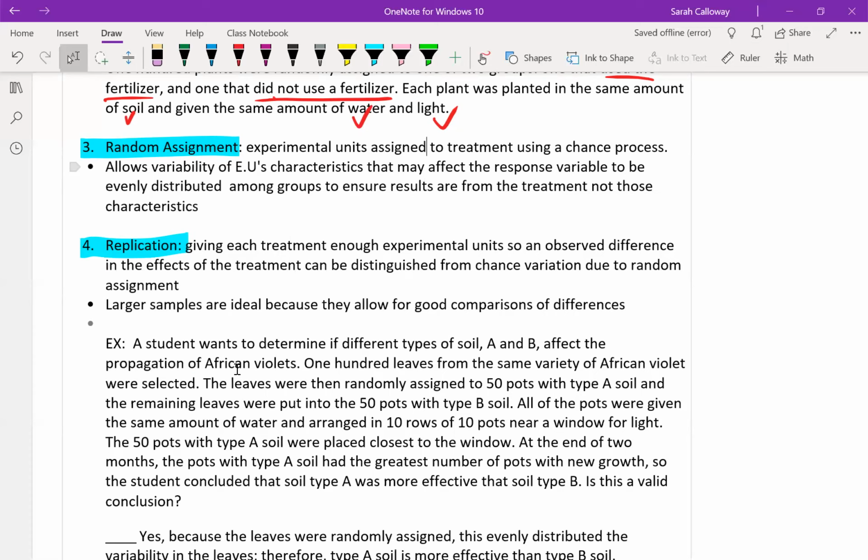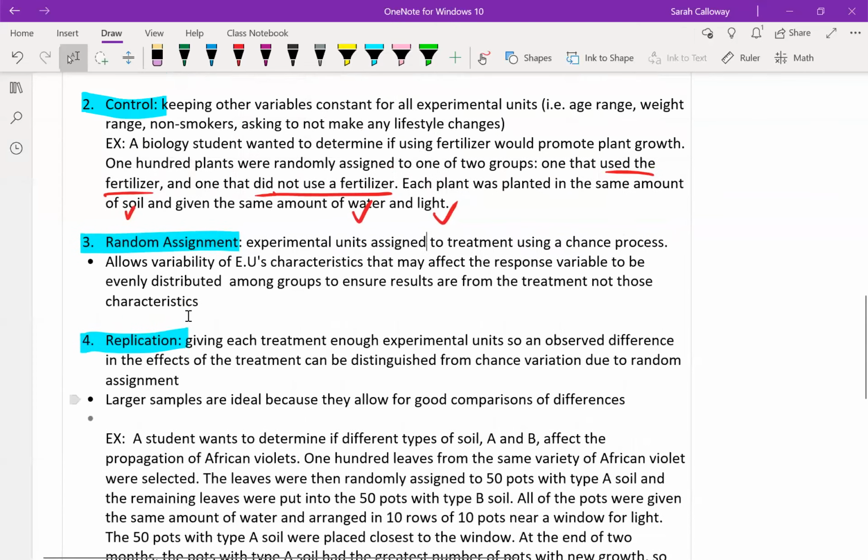So this allows the variability of the experimental unit's characteristics that may affect the response variable to be evenly distributed among groups to ensure the results are from the treatment and not those characteristics. So if there are things that they can't control, random assignment helps spread those uncontrollable characteristics across the treatment groups.